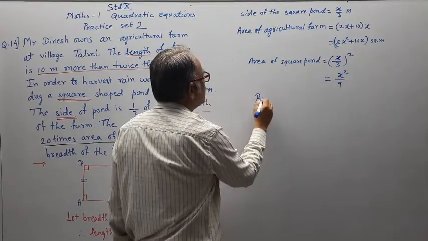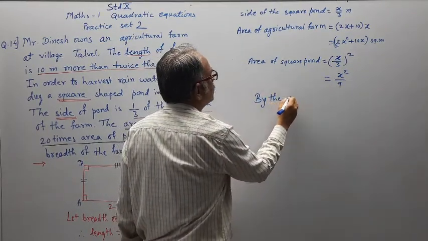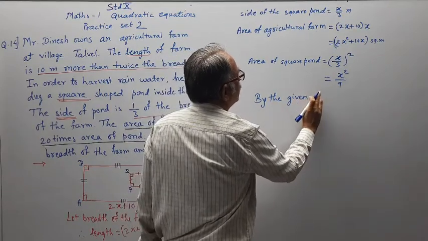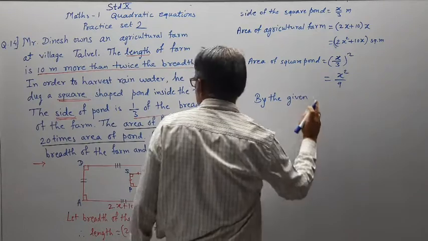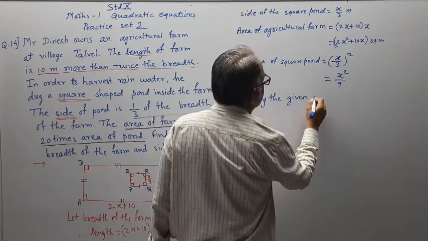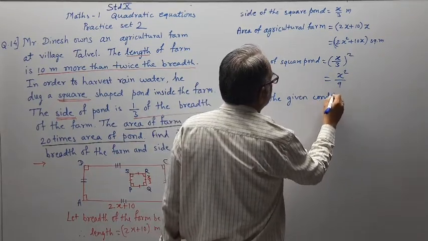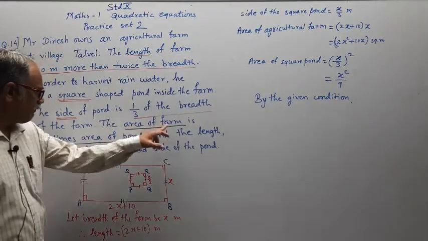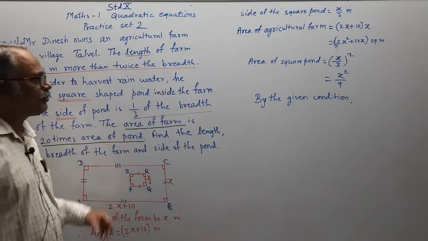Then by the given condition, now we are getting the quadratic equation. To get it, we have to use this third condition, which I underlined here with black pen. The condition is: area of farm is 20 times area of pond.